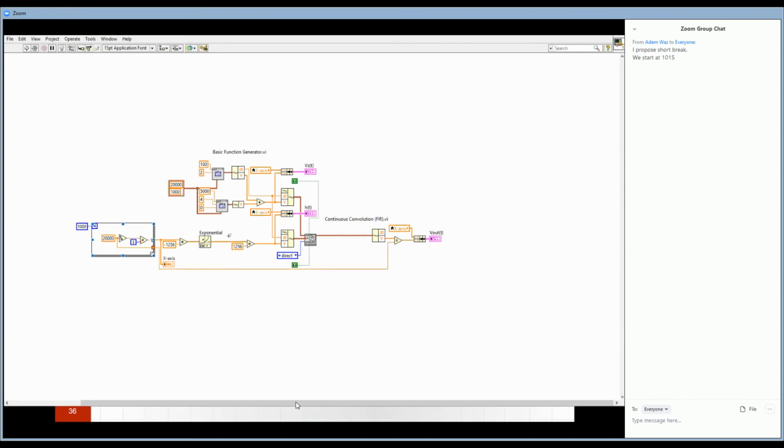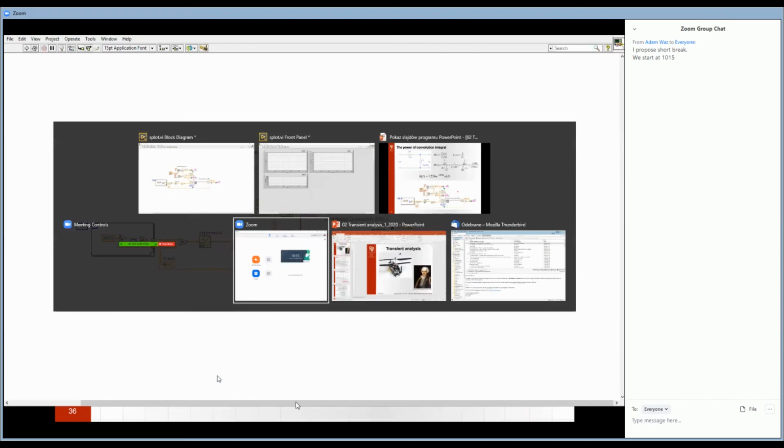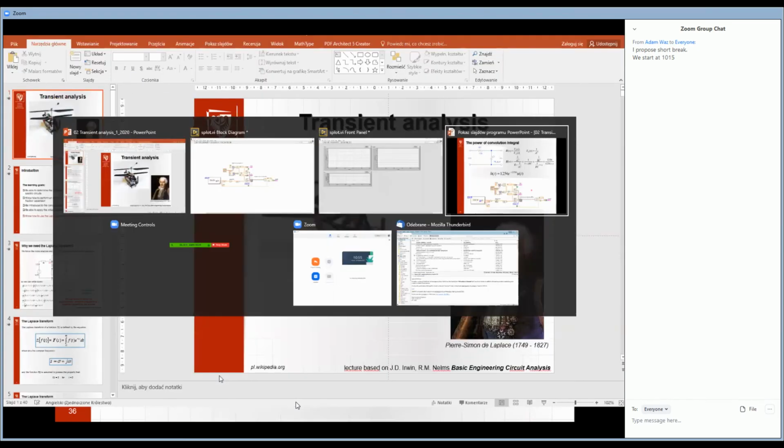So here I calculate the h function, and now here I have the signal, and now I convolve using this block. And maybe now I switch to the presentation.